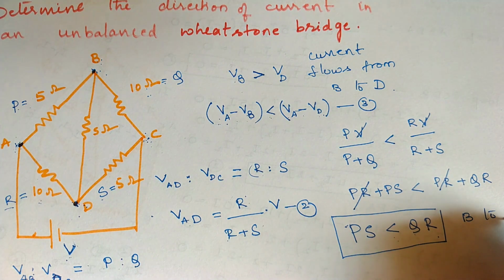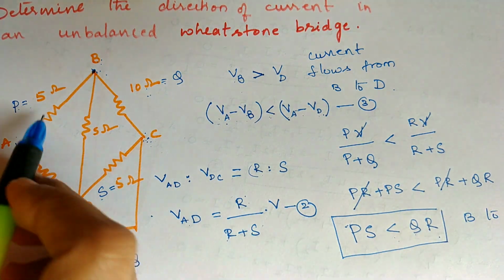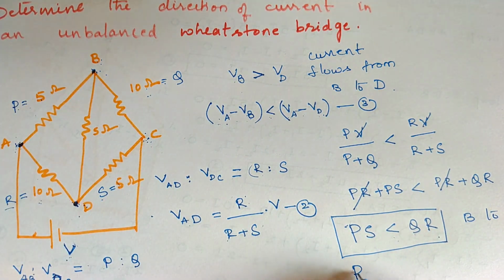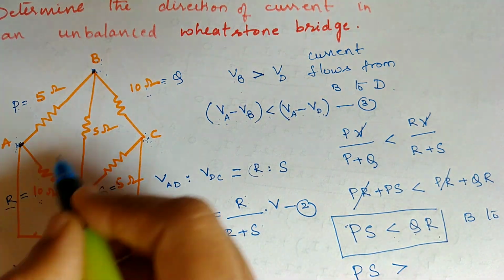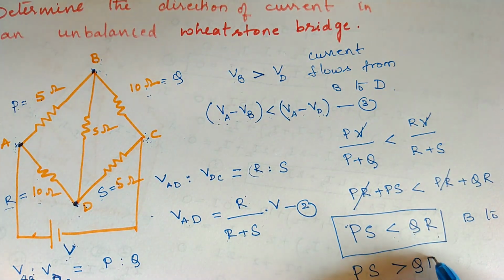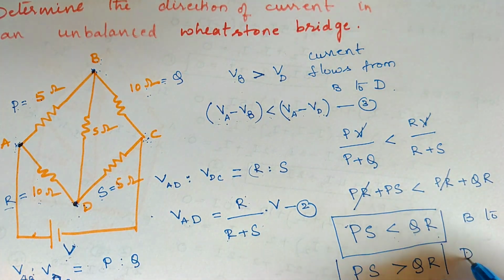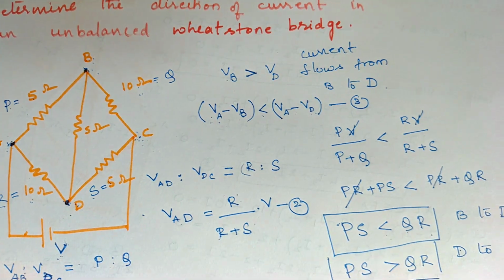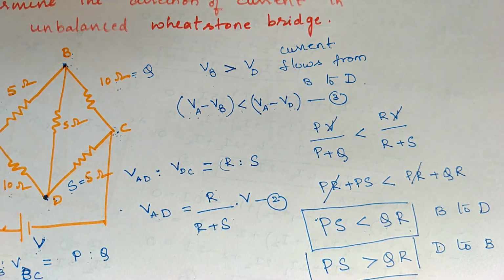B to D. Now opposite. If this product PS is greater than QR, then current will flow from which terminal to which terminal? D to B. So remember this condition. Again I am repeating.